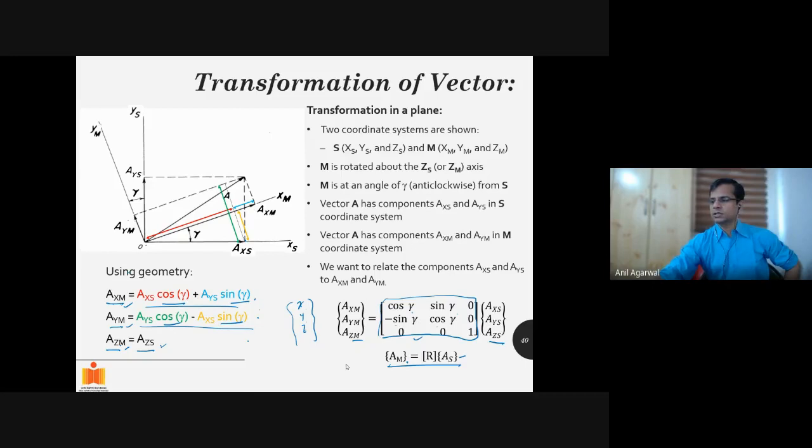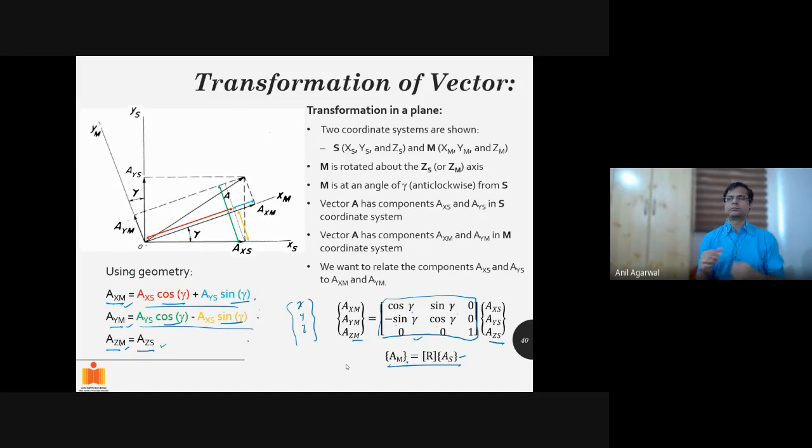And what is the relationship between the structural and member coordinate systems? How are they related to each other? The member coordinate system is achieved or arrived at by rotating the structural coordinate system by an angle of gamma about the z-axis in the counterclockwise direction.